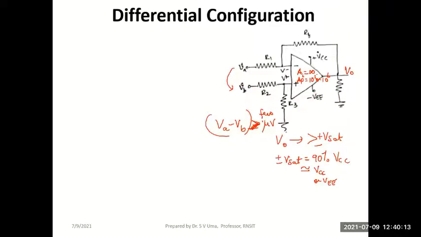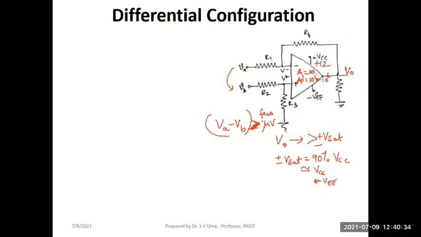If the biasing power supply is plus 12 volts, the highest output voltage which I will get will be nearing plus 12. It may stop at 11 volts, it may reach 11.5, 11.8, whatever. You will get the maximum output voltage to be positive saturation if I give plus 12 here.